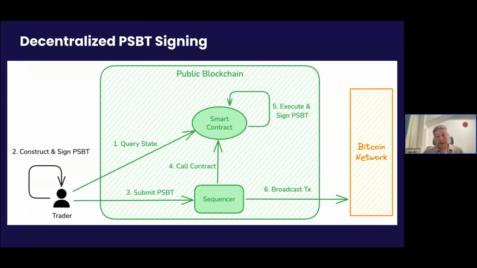The smart contract will check that the PSBT reflects its trading terms, and if it is true, it will execute its logic, update the state, and sign the PSBT with its chain key. After that, this PSBT can be broadcasted to the Bitcoin network and be settled there. The whole process happens on a public blockchain without requiring any off-chain components. So we call it decentralized PSBT signing.